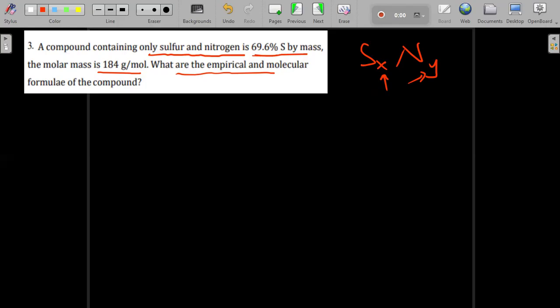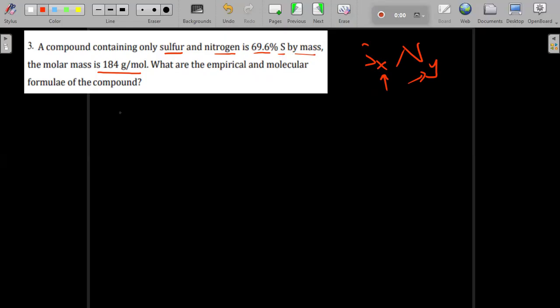That percent there is for the sulfur, because here they're saying, let's read it together: this compound contains only sulfur and nitrogen, and 69.6% sulfur by mass. So this 69.6 is the percent for sulfur.